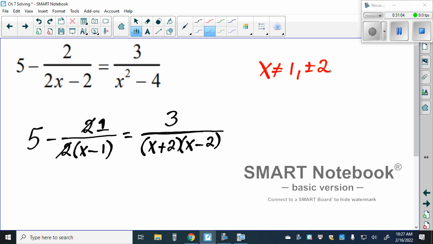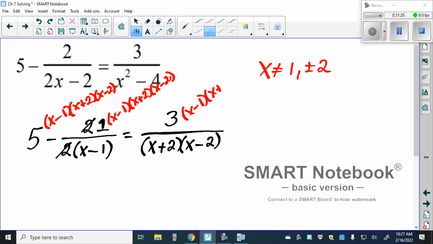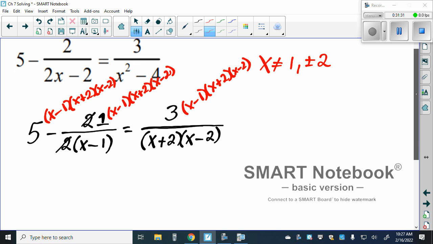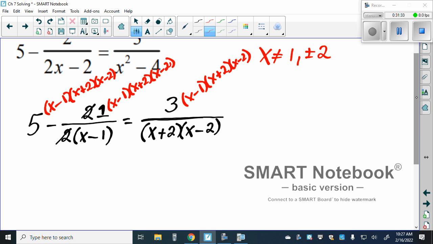Now we do need to multiply each one of these by our term. So we'd have x minus 1 times x plus 2 and x minus 2, x minus 1, x plus 2, x minus 2, minus 1, x plus 2, x minus 2. Ooh, we're going to get a nice, I think it's an interesting equation.